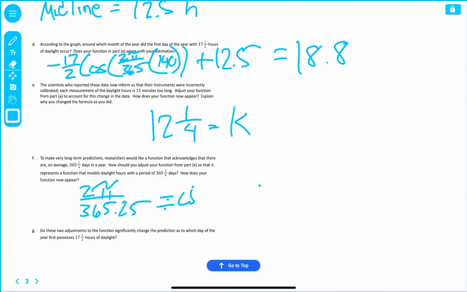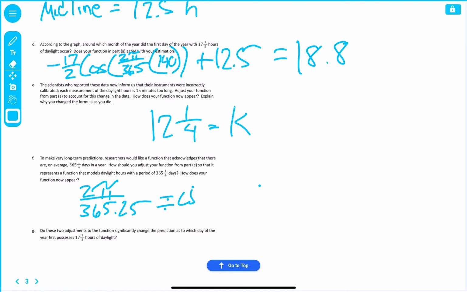Did you just do it? No. If I did it, it would be 17 over 2 cosine. It's not going to change it a whole lot, but I'll do it. Divided by 365.25. But if I just type in negative 17 divided by 2, it's weird.